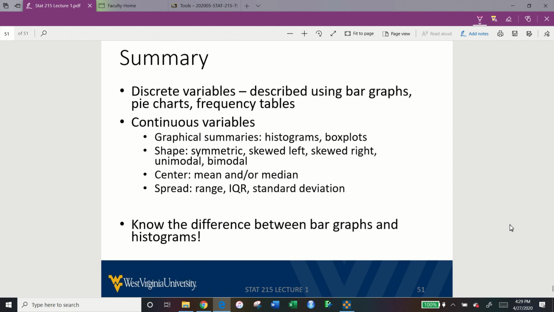Make sure for those histograms and for the distributions, you know their shape: symmetric, skewed left, skewed right, unimodal, and bimodal. Make sure you know how to calculate your measures of center and spread, meaning mean, median, range, IQR, and standard deviation. And a big thing, make sure you know the difference between a bar graph and a histogram.